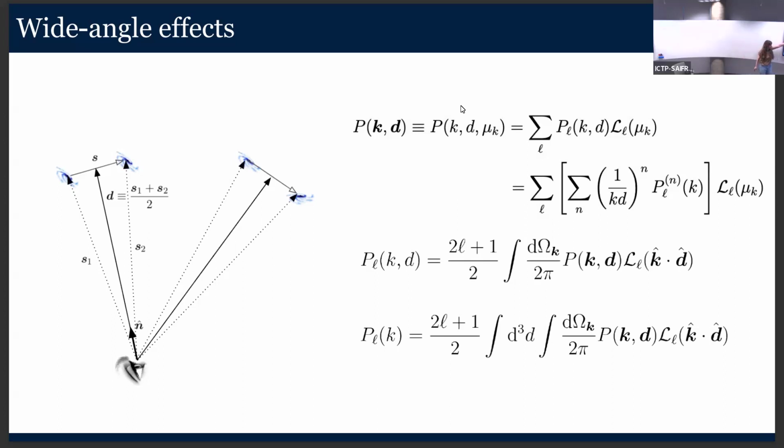If you have a very local but very wide area, then it's very relevant. But if you have a very pencil beam survey, a very small area, this is not very relevant. Also, if you have a larger area but a very deep survey, like a redshift of 0.5 or 1, it's not very relevant.